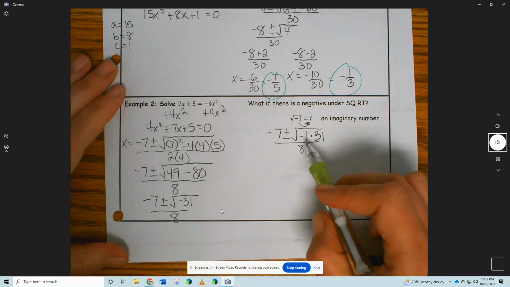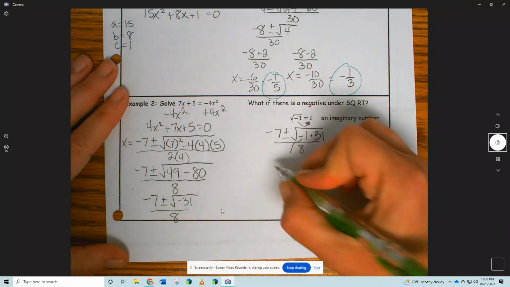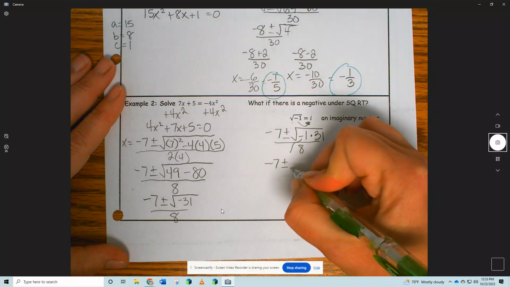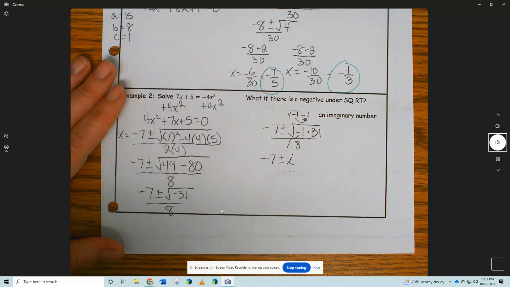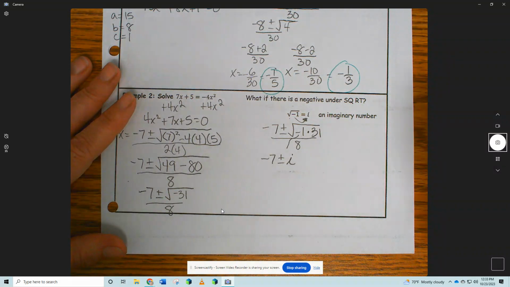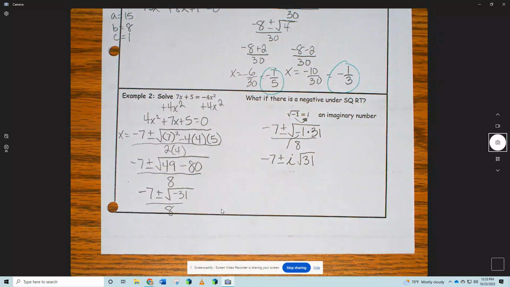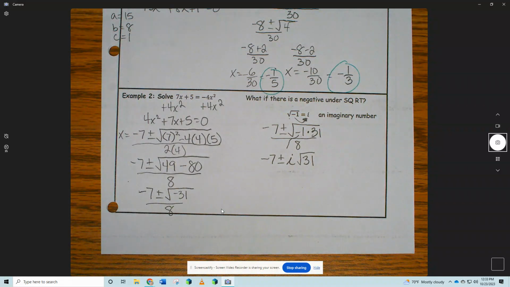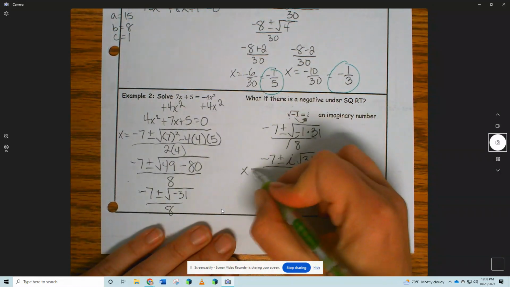So, square root of negative 1 comes out as an i. Negative 7 plus or minus, you're going to put an i outside. You take out the negative 1, and it changes into an imaginary number. And then I put the positive 31 under, and all over 8.